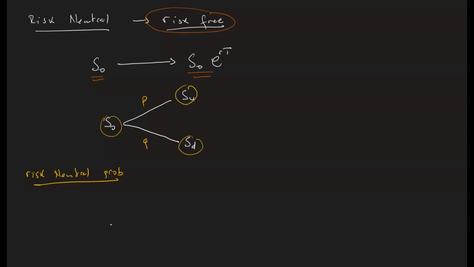What that means is the future value of this stock is essentially going to be equal to the weighted average of the outcomes. So the future value of S0 is essentially going to be equal to the probability that the stock price increases, which we call P, multiplied by S up, plus the probability that the stock price decreases, which we call Q, multiplied by S down.